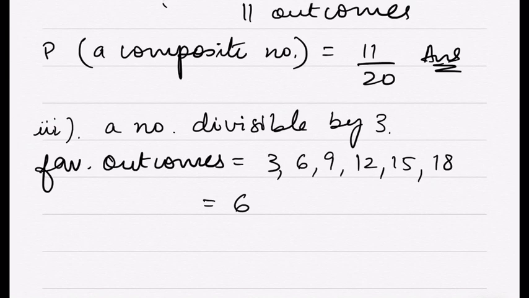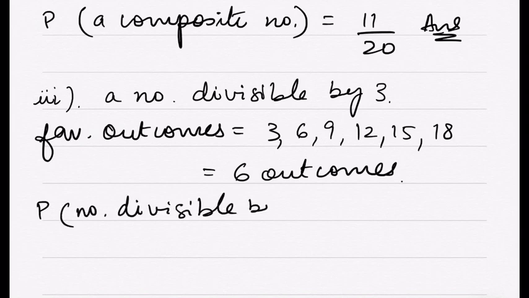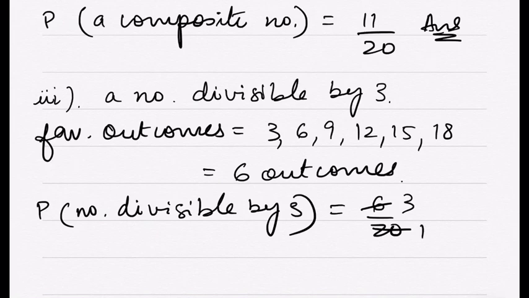So we have cards up to 20 only. So my number of favorable outcomes are 6. So the probability of a number divisible by 3 will be equal to 6 by 20. So 2 3s are 6, 2 10s are 20, so 3 by 10, that will be my answer.